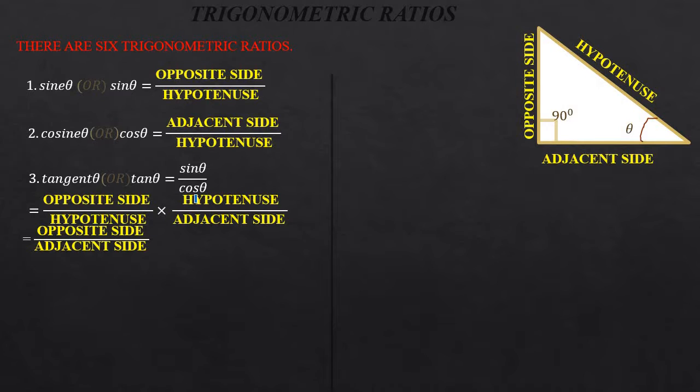We know that both numerator and denominator are the same, so they cancel each other. So hypotenuse and hypotenuse cancel each other. So we get opposite side by adjacent side. The ratio of opposite side and adjacent side is called tan theta. Otherwise, the ratio of sin theta by cos theta.